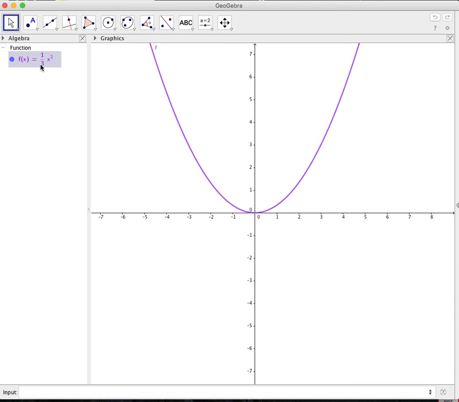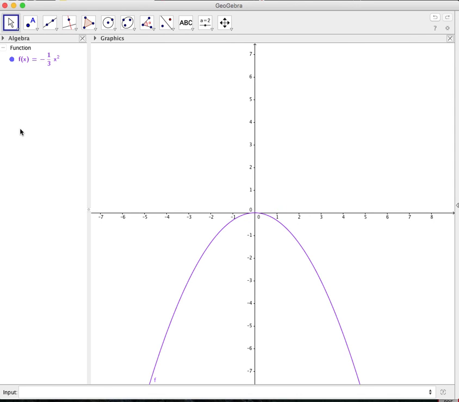Now let's put in a negative sign. Before, that flipped it. Does it still flip it? It does. This is great. So I'm getting a sense of what is possible. Now let's bring the parentheses back and put a parenthesis around this.